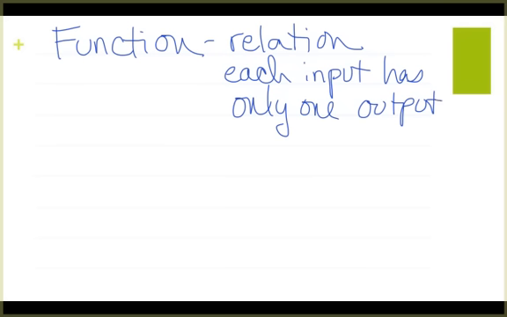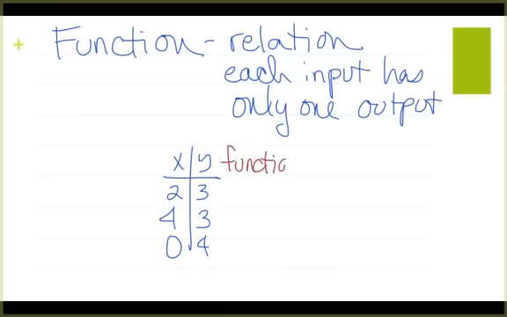So if I have this example, and I'll just do it in a table, if I have 2, 3, 4, 3, 0, 4, even though there's two different y's that are the same, each x has a unique y value. So 2 only has one y value, only 3. 4 only has one y value. It happens to also be 3. But this is a function because each x has a unique y.